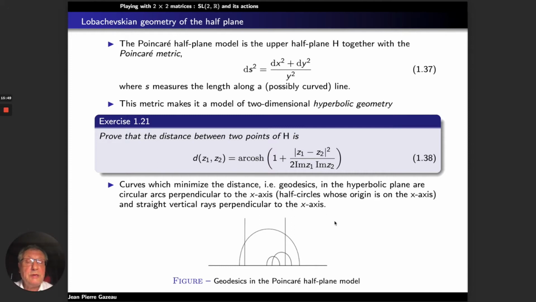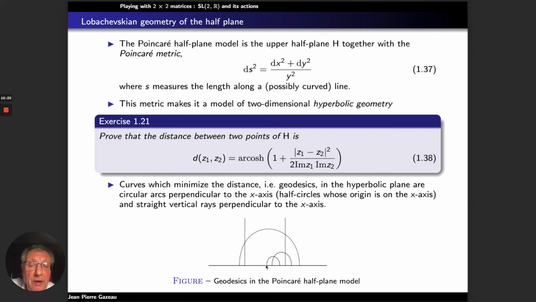And it's interesting to consider what happens, for instance, to the geodesics for this metric. What are the geodesics of the Poincaré half plane? They are circular arcs perpendicular to the x-axis.